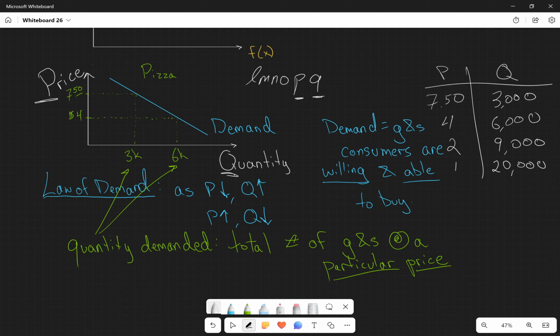They definitely don't go all the way to zero, and they definitely don't go all the way to the y-axis. So these demand curves are islands on their own in the first quadrant of the Cartesian plane, letting us know how many of things consumers would be both willing and able to buy at different prices. Questions on demand?